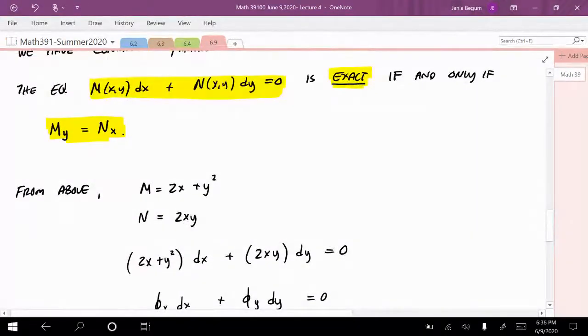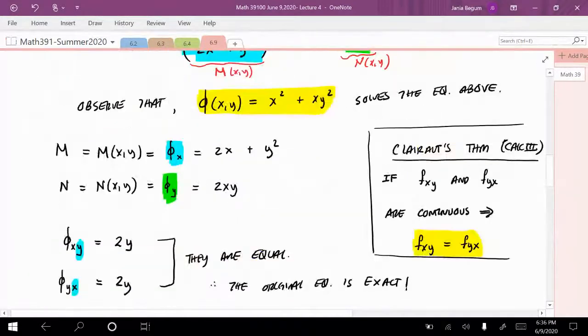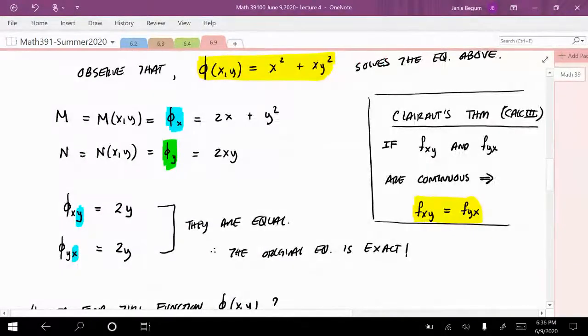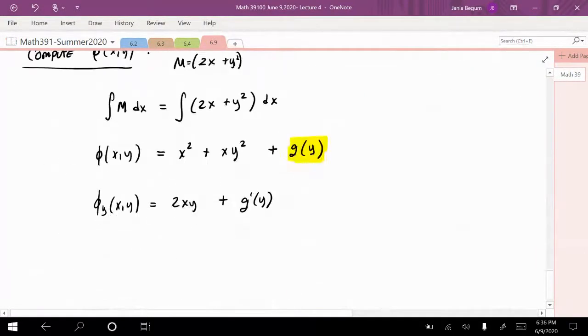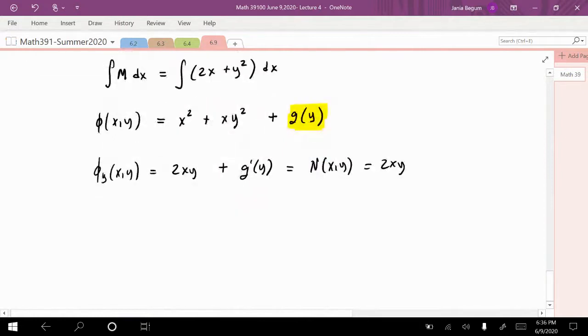If you look at it again, right here, phi sub y is just 2xy, because that's what we're calling the function n. So this is equal to n of xy, which is 2xy. Our goal is to solve for this function g prime of y.